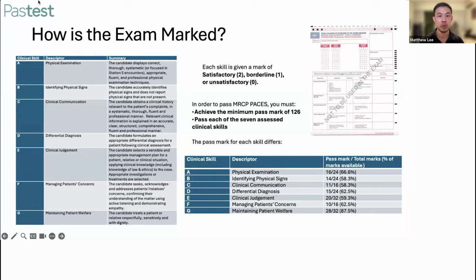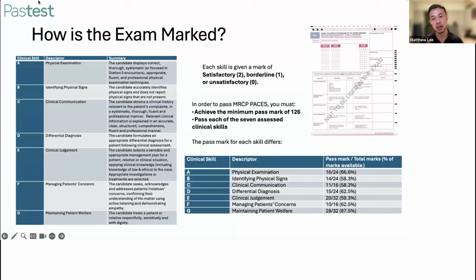And just for your reference, which is helpful to know, at the beginning of the session, the 2 examiners will meet before the examination starts for the candidates. They will examine the patient independently, or they'll take a history independently, and then they will decide what are the minimum things that they need to pick up. So clinical signs, for example, what have we picked up that we would expect the examinee or candidate to pick up?